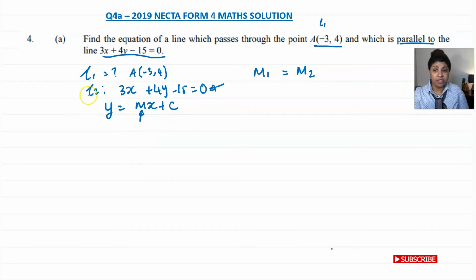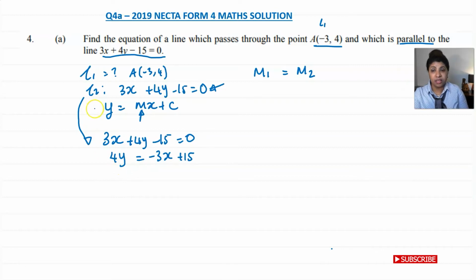If we rearrange L2, we have 3x + 4y - 15 = 0. I need to subtract 3x and add 15 on both sides, and that will give me 4y = -3x + 15. I just have 0 on this side. But again, it's not in this form yet.